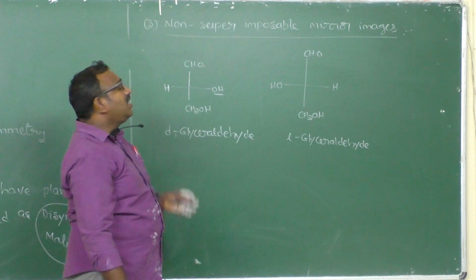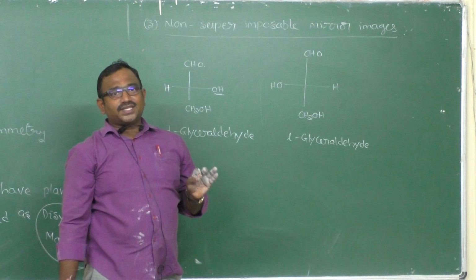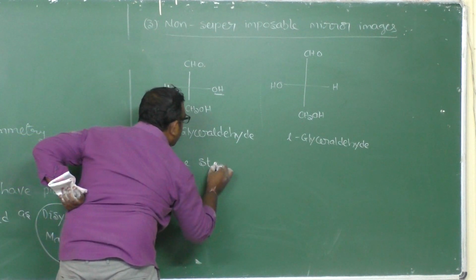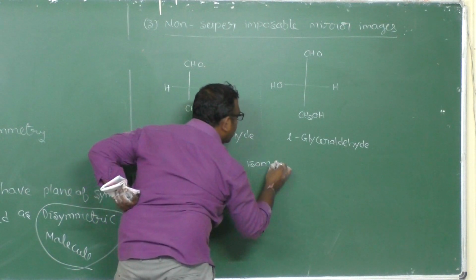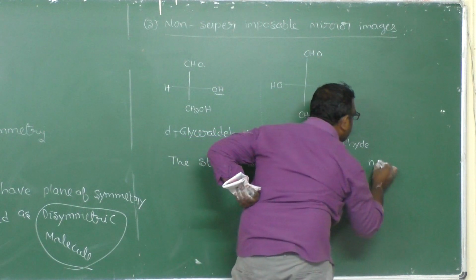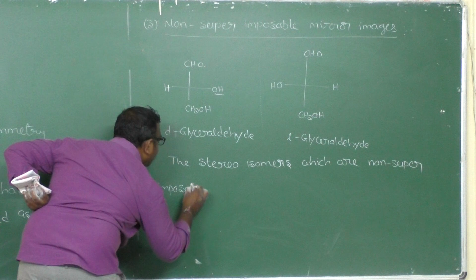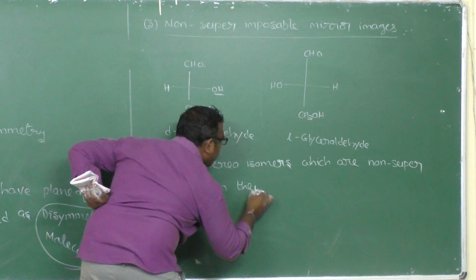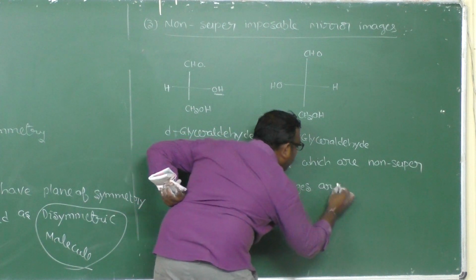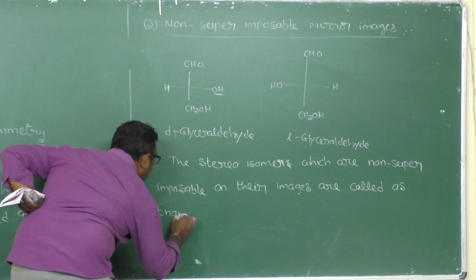So, the stereoisomers which are non-superimposable on their mirror images are called enantiomers.